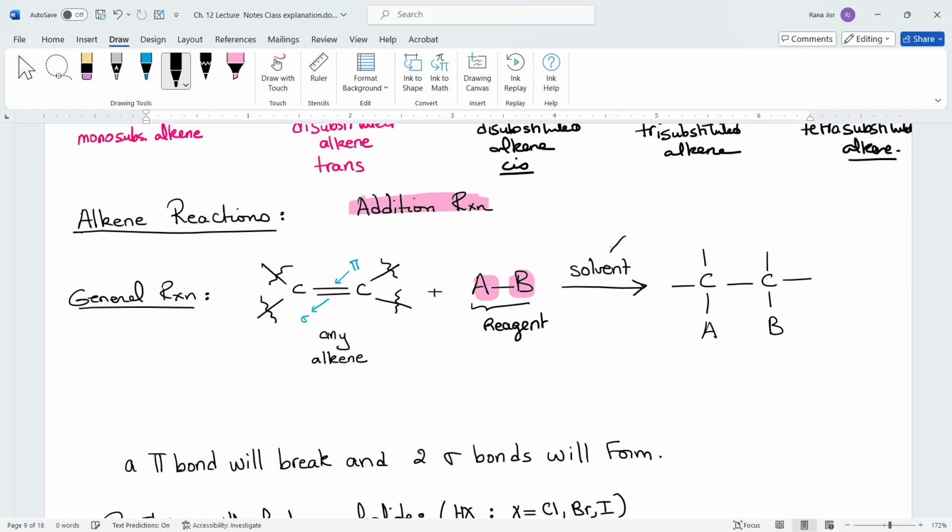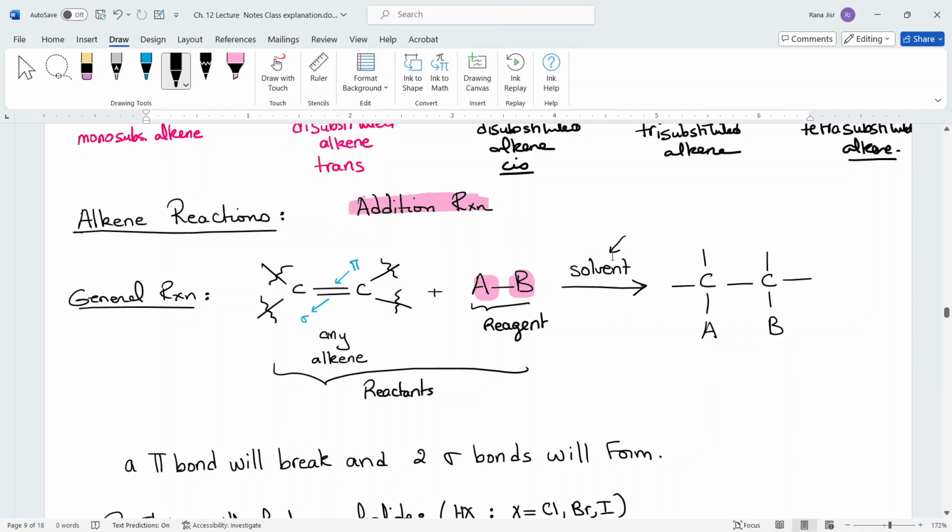You will have a solvent, and the role of the solvent always is to allow the reagent to dissolve with the alkene. Both the alkene and the reagent are called reactants. So both of these are called reactants.